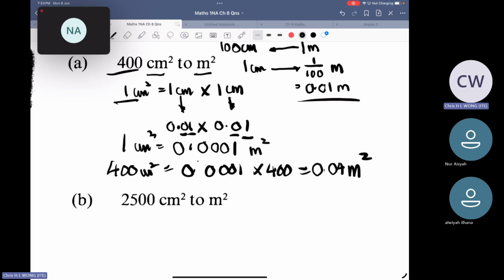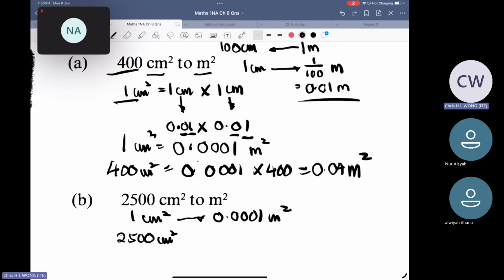So 2500 times 0.0001. 1 cm square will give you 0.0001 meter square. What we want is 2500.